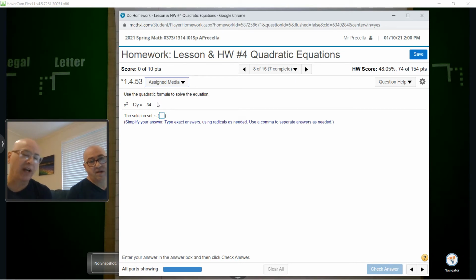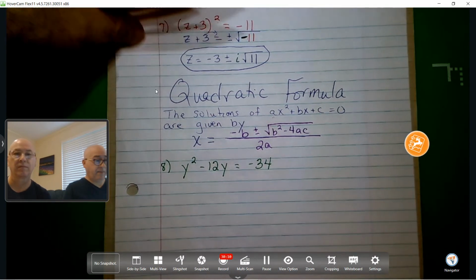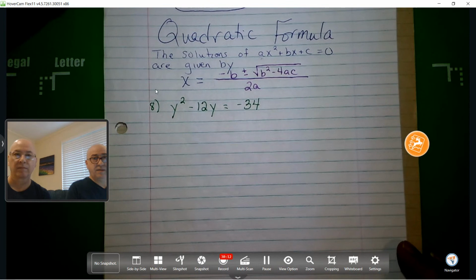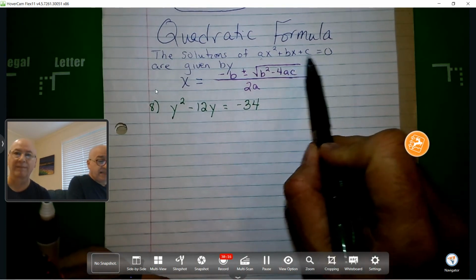You could try to get it factored, and it's got to be in the same form. You got to get it set equal to 0, whether you're factoring or using the quadratic formula. But if it says use the quadratic formula, that's their way of saying don't waste a lot of time trying to factor it. It's not factorable. So let's see. Now, it needs to be in the standard form with a 0.